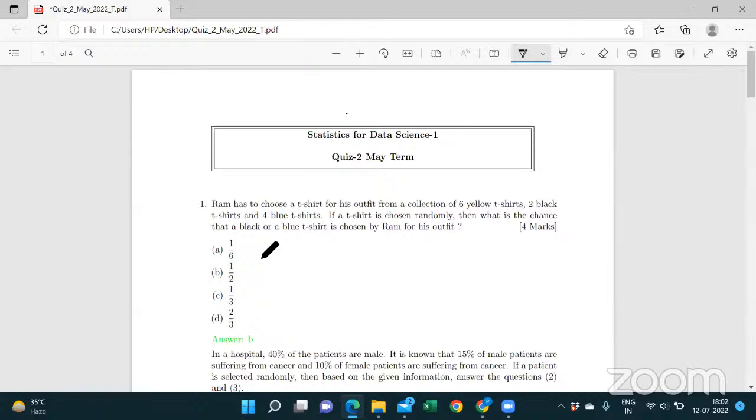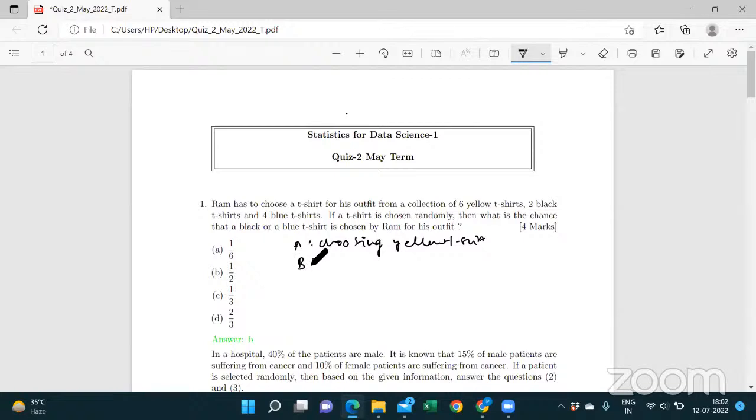Sir, out of the total blue and black shirts, it means probability. I approached it with the addition theorem. Okay. So here we can make events like choosing a black shirt or a blue shirt. Let's take A as selecting a yellow t-shirt, right?